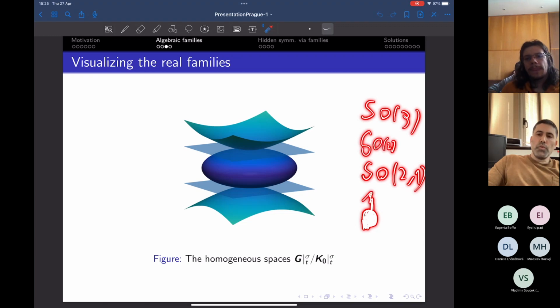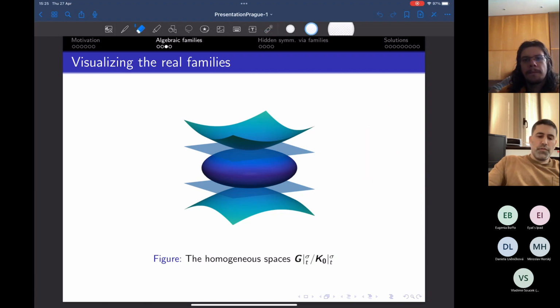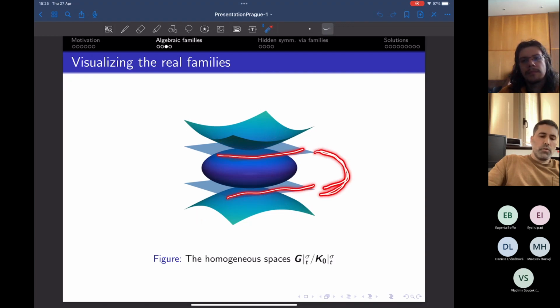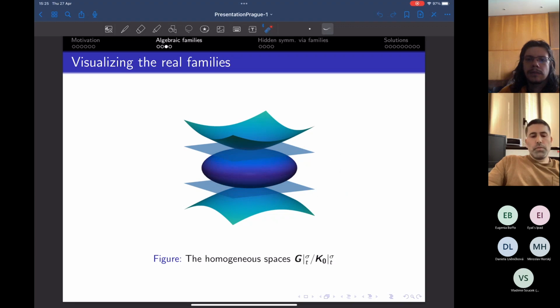So if you mod out by SO2, you get a family of homogeneous spaces. If the parameter is positive, the homogeneous space is a two-sheeted hyperboloid. If the parameter is 0, you get those two parallel planes. And if the parameter is negative, you get those ellipsoids.